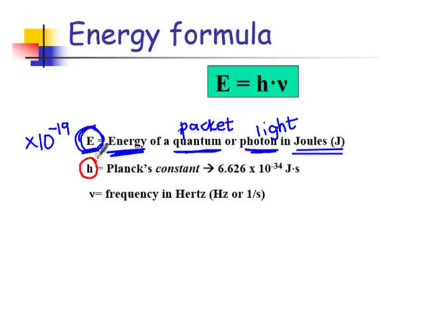And so he came up with this constant that figured out the relationship between the frequency, which we already know in hertz, and the energy of those photons. So basically, if I know the frequency, I automatically know the energy using Planck's constant of 6.626 times 10 to the negative 34th joule seconds.